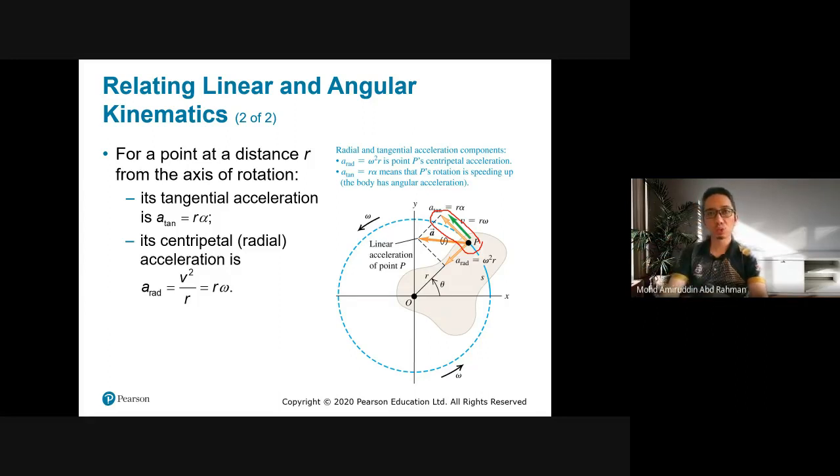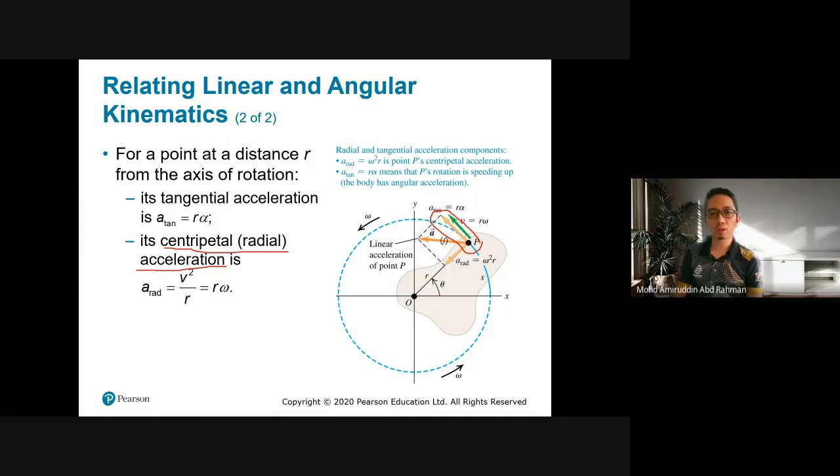That is the radial acceleration, which we also call the centripetal acceleration. That centripetal acceleration is perpendicular to the point on that circle.